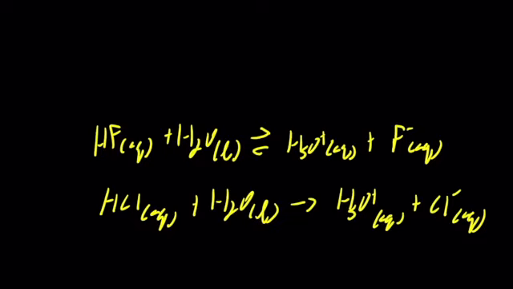Okay, so we got that out of the way. Now, what if we were to deal with finding the acid ionization constant? It turns out that, especially for weak acids, you have to do a little bit of thinking.